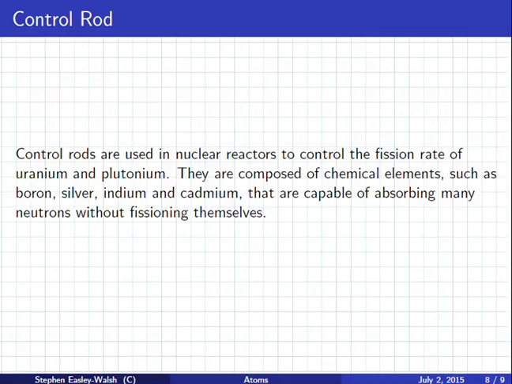And what are they made of? They're made of something like boron or silver or indium or cadmium. So you can just say control rod can reduce the energy output.